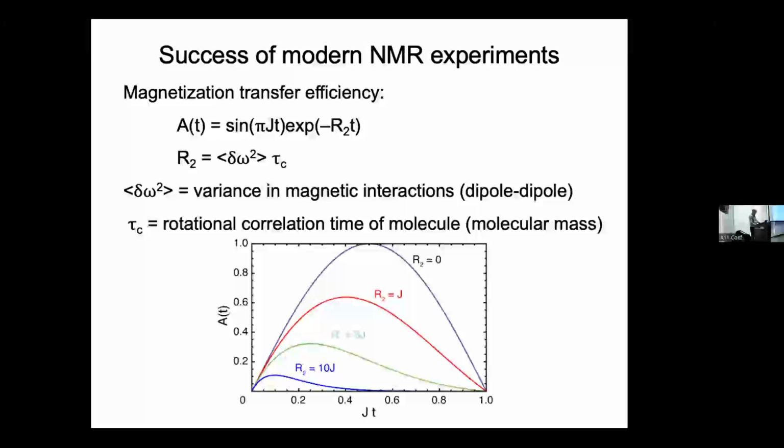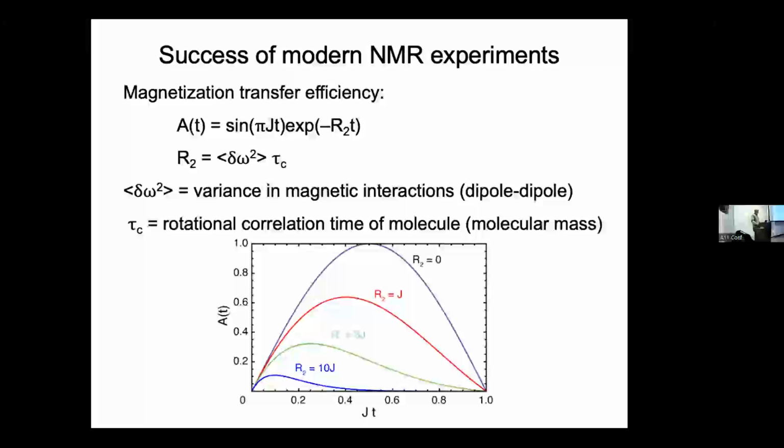It turns out, something we'll see in a couple weeks, that R2 in a macromolecule to a first approximation depends on the tumbling time of the molecule times the variance in the frequencies caused by fluctuating Hamiltonians as the molecule tumbles.